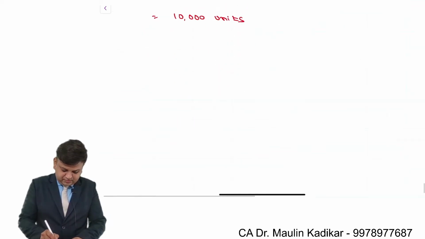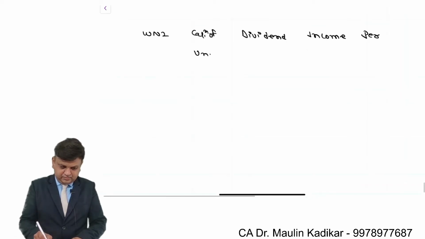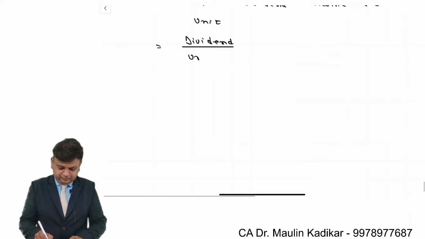Working note number 2. Calculation of dividend income per unit. So it is dividend divided by number of units.